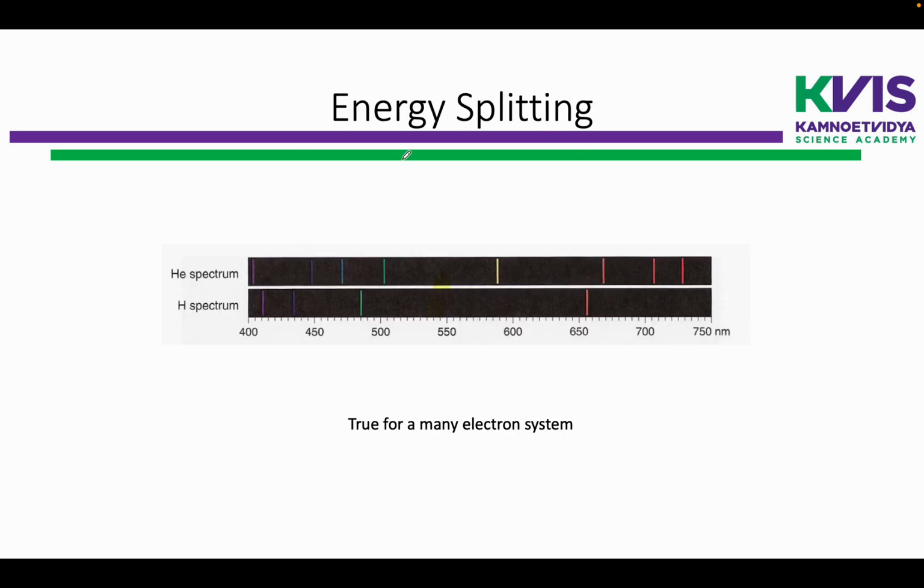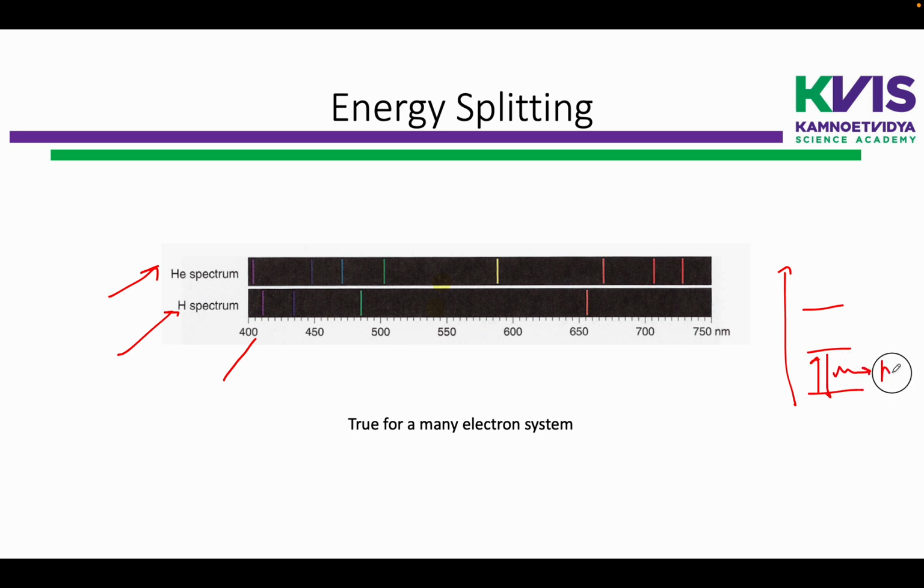Let's look at energy splitting. The one on the top here is the helium spectrum, and the bottom here, which I've shown you earlier, is the hydrogen spectrum. We can see that we only get so many emission lines for the hydrogen spectrum. This is due to electronic transitions, which I've shown you earlier. So I have this energy diagram, E1, E2, E3. You go up, you relax, you release a photon.